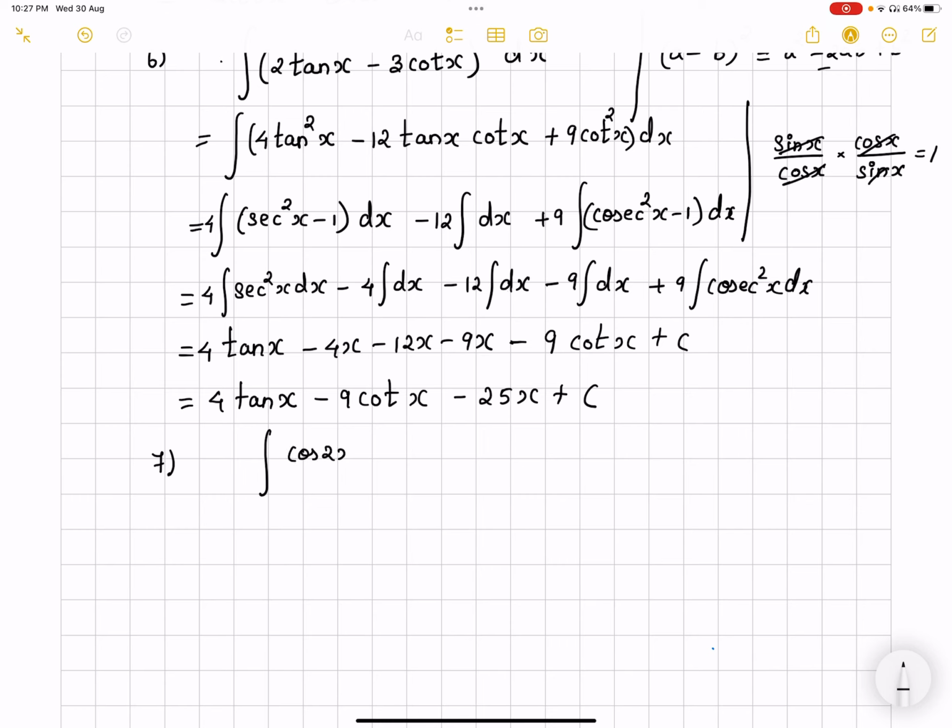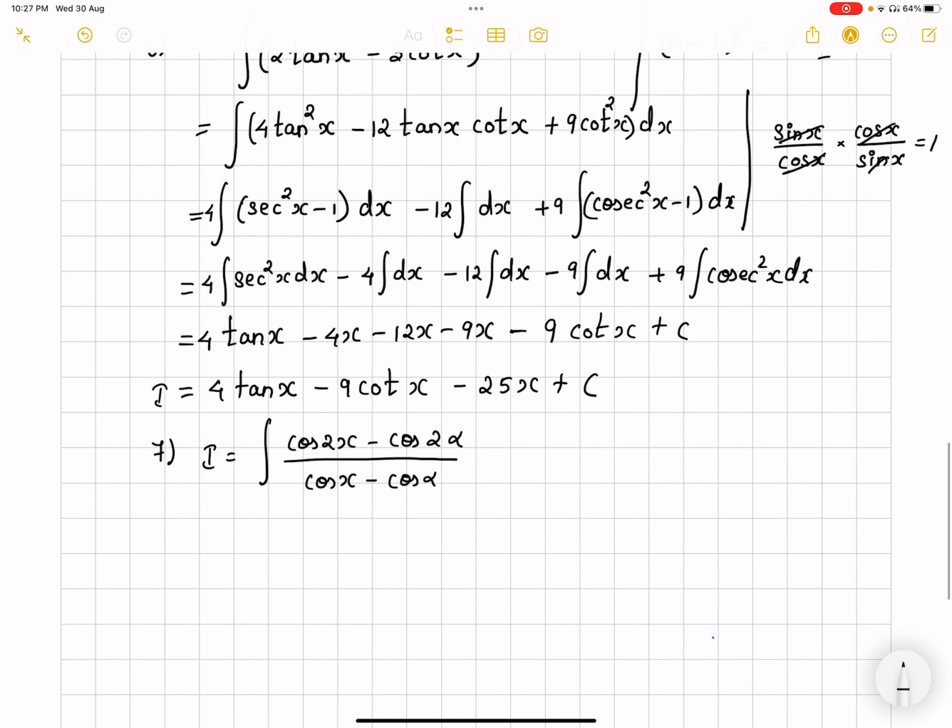Cos 2x minus cos 2 alpha divided by cos x minus cos alpha. Obviously, cos alpha is something constant. I'm not going to worry about that. But still, I would be using my identities of trigonometry to solve this problem. So here I is equal to.